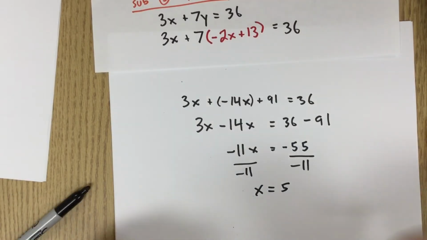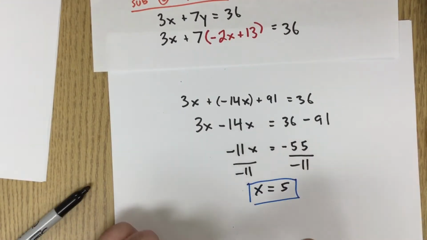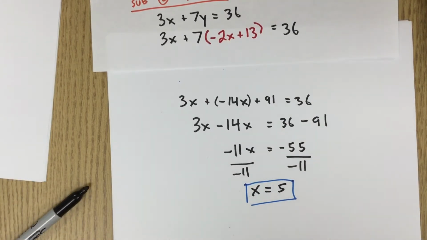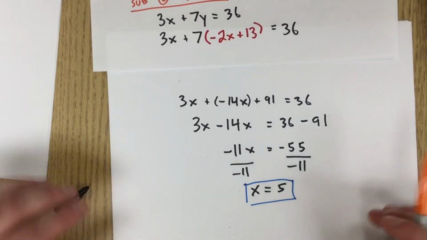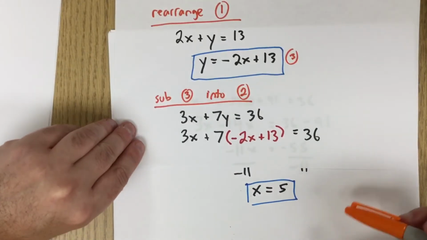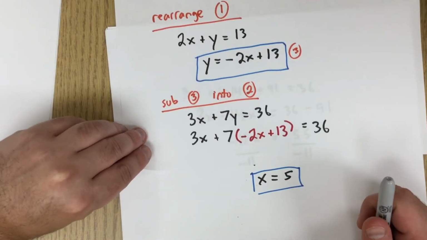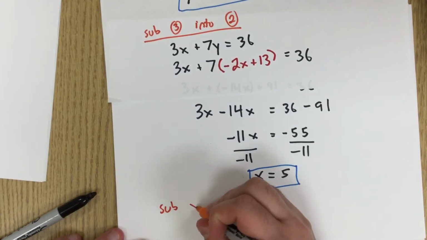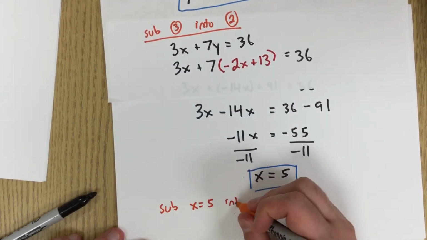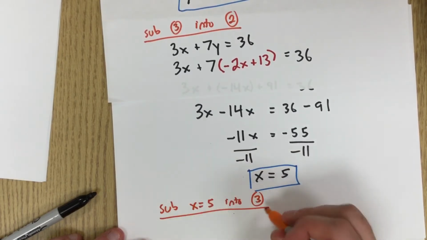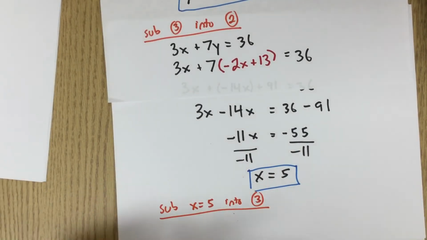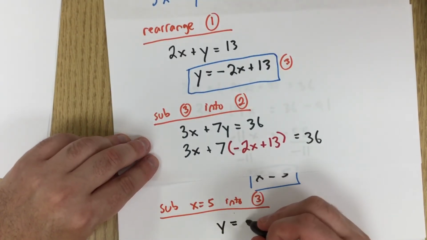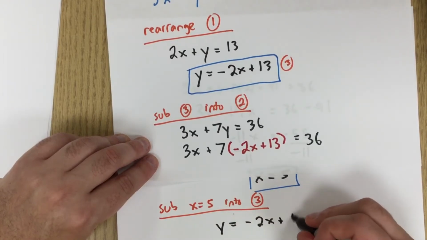And that's another important thing. We figured out one of the two variables, and now we have to go and figure out the other variable. So x equals 5, we're going to put it into this equation over here. So we're going to sub x equals 5 into equation 3. Equation 3 was y equals minus 2x plus 13.